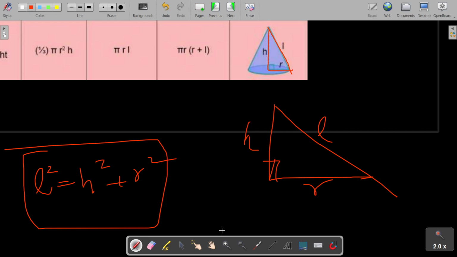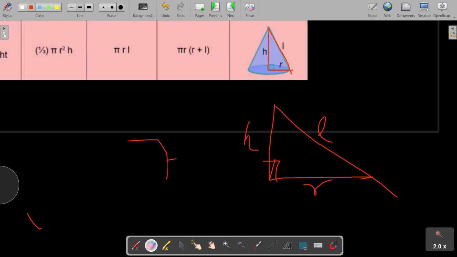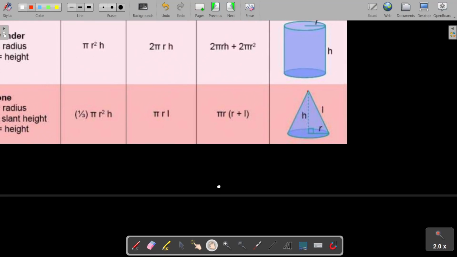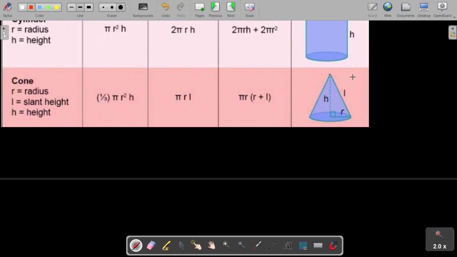We can use this while dealing with problems. So the curved surface area of this thing only, excluding the plate, is the curved surface area, and this is the total surface area. To calculate the total surface area, we have to add pi r squared to the curved surface area.